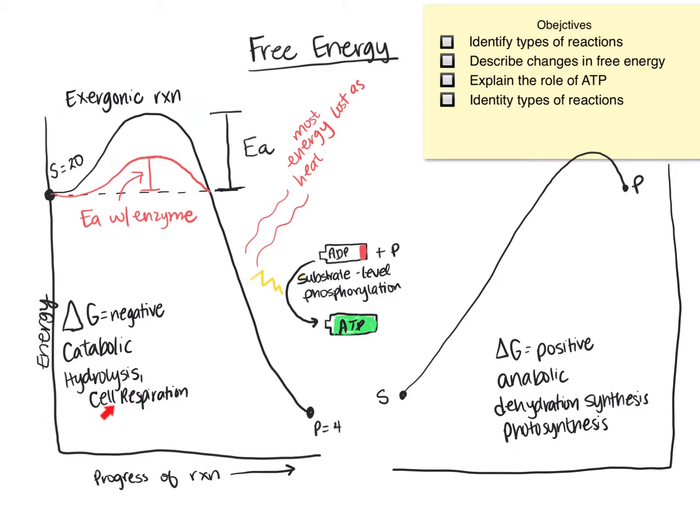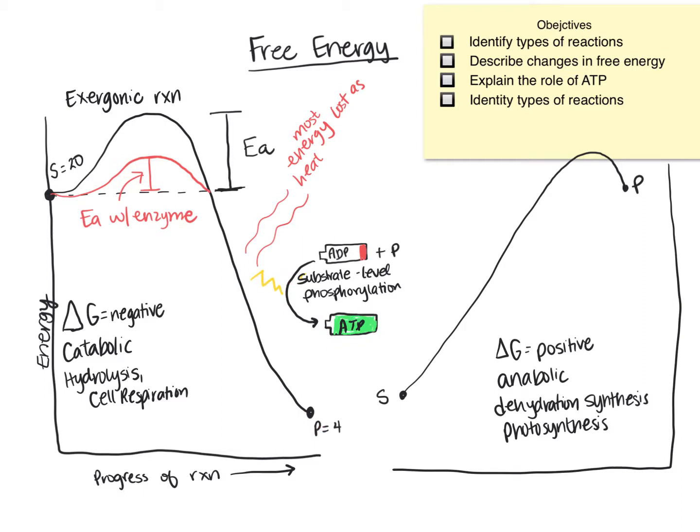Typically, it's going to come from cell respiration. So because we are phosphorylating ADP here, we call this phosphorylation. And the energy allowing this process to happen is called substrate level phosphorylation, because we're going to break a substrate into a product and harness some of that energy.